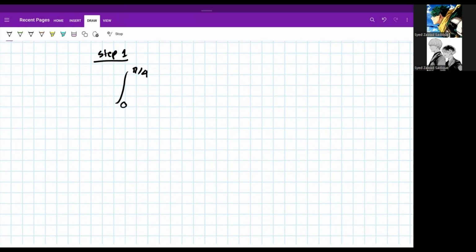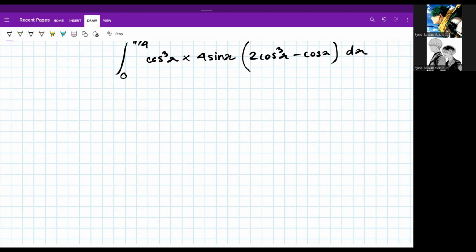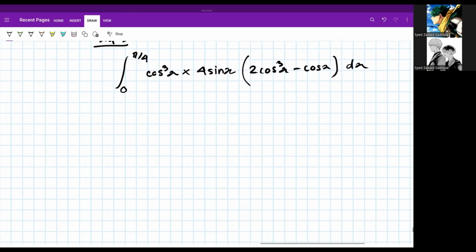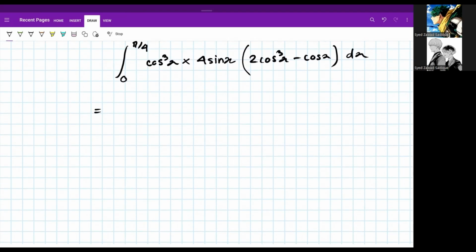So we can say cos cube x multiplied by 4 sine x into 2 cos cube x minus cos x dx. Now, this is step 1, right? Then we can write the integral from 0 to pi by 4.